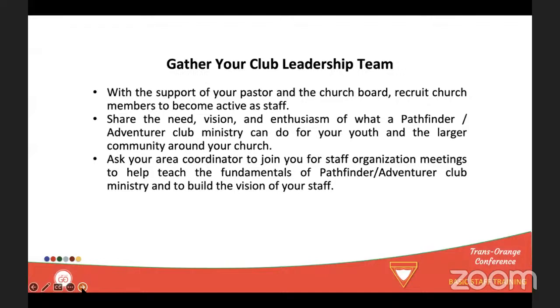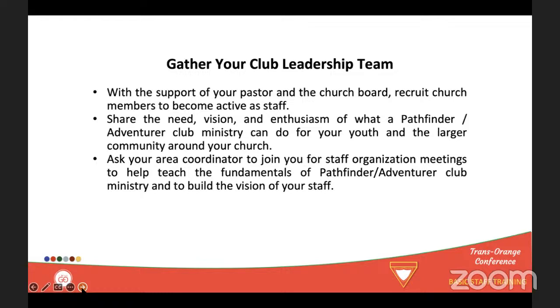So it is very much important to make sure that you share your vision of what it is that the Pathfinder or Adventurer Club will do for the children at church. What is it going to do for the children within the community? What are the benefits? You talk of a child. One thing that I've realized most of the times is that our children who are in the church have got more confidence.